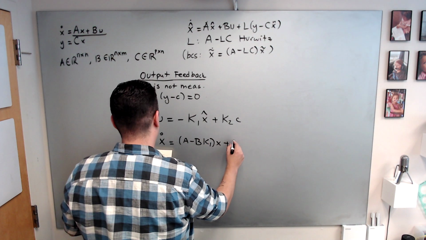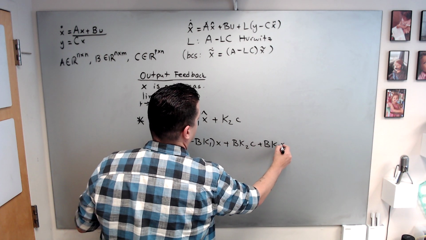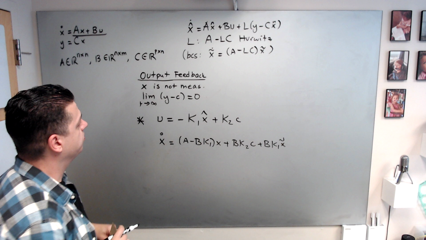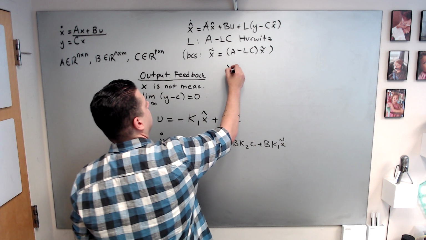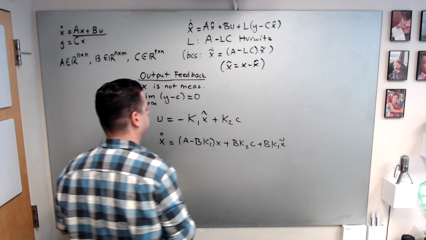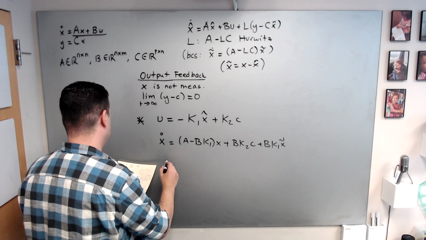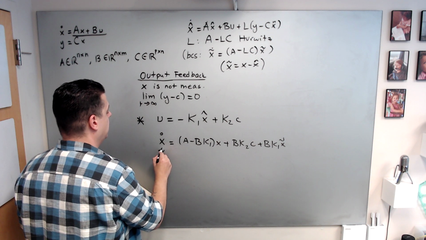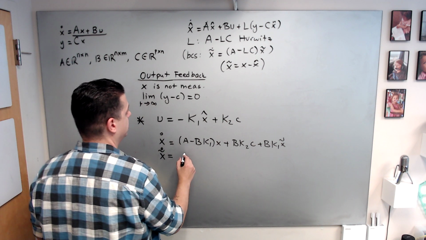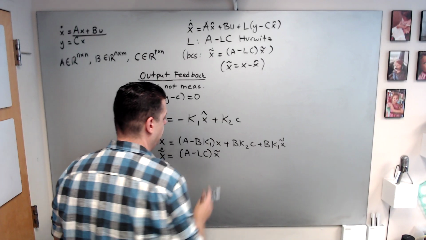plus B K2 C plus B K1 x tilde. Remember, x tilde is x minus x hat. And now I am going to combine this with the x tilde dot dynamics, which is A minus LC x tilde.